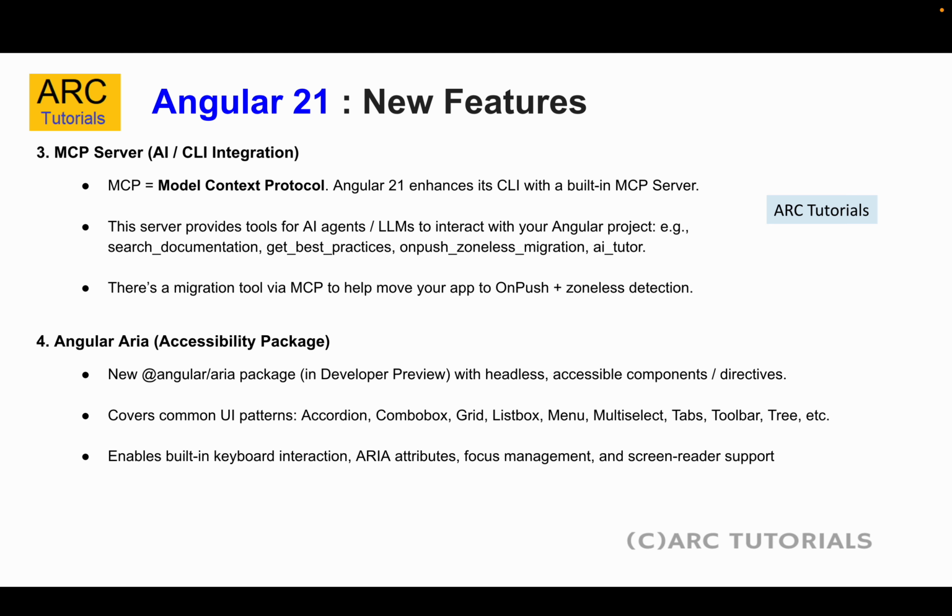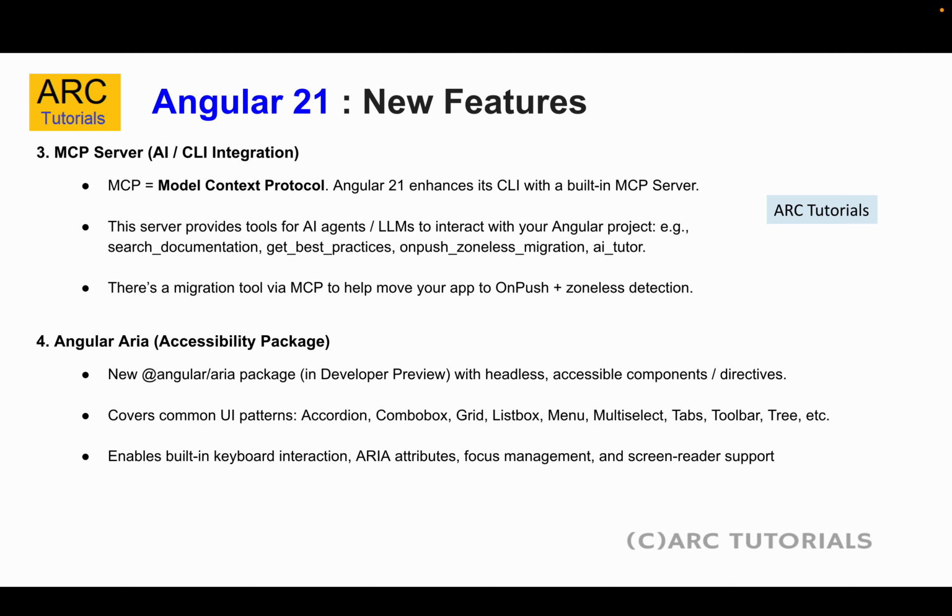Angular 21 enhances the CLI with a pre-built MCP server. This MCP server provides tools for AI agents and LLMs to interact with your Angular project. I'm going to implement that as part of this CRUD project, so stay tuned. Today, we are just covering the high-level new features.